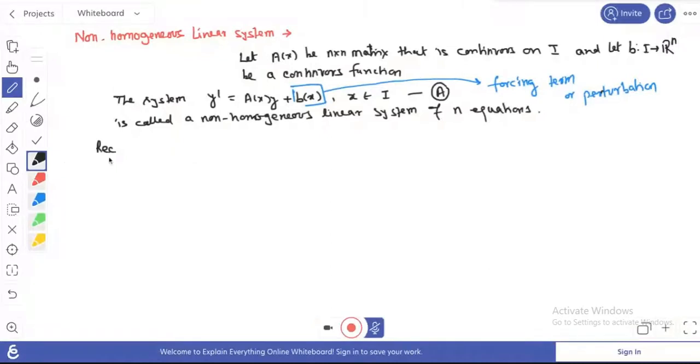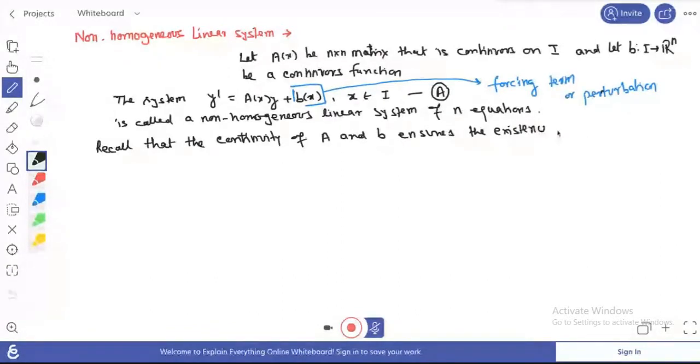Okay, so here we recall that the continuity of A and B ensures the existence and uniqueness of the solution of the given initial value problem.